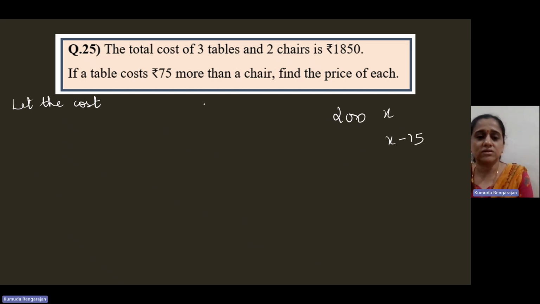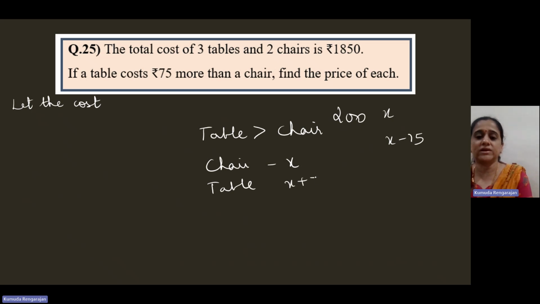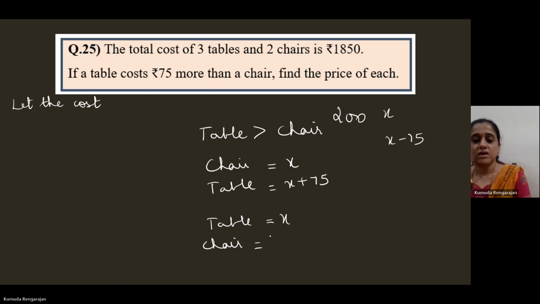But whether it is plus 75 or minus 75, you should decide. Since table cost is more than chair, if you assume chair as X, then table is costlier, so X plus 75. But if you assume table as X, chair is relatively cheaper, so it will be the cost of the table minus 75.